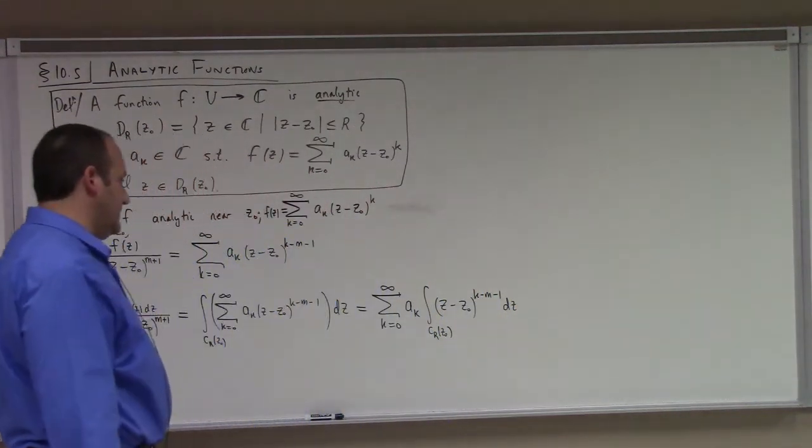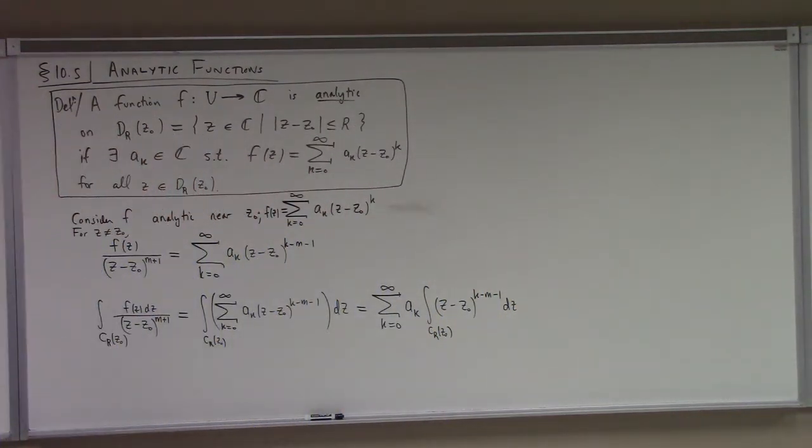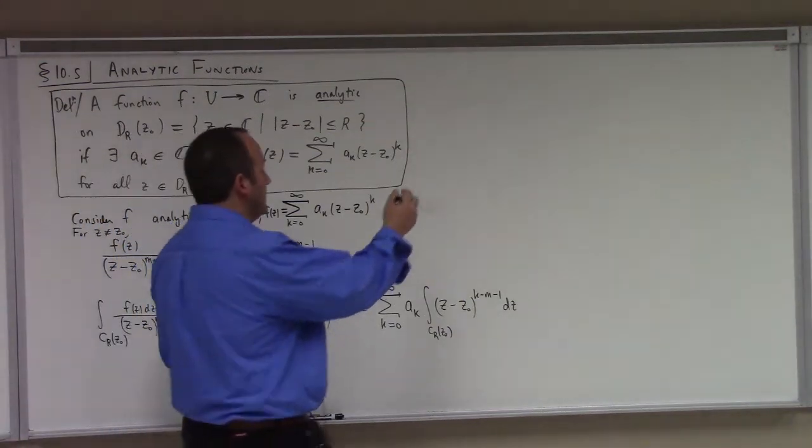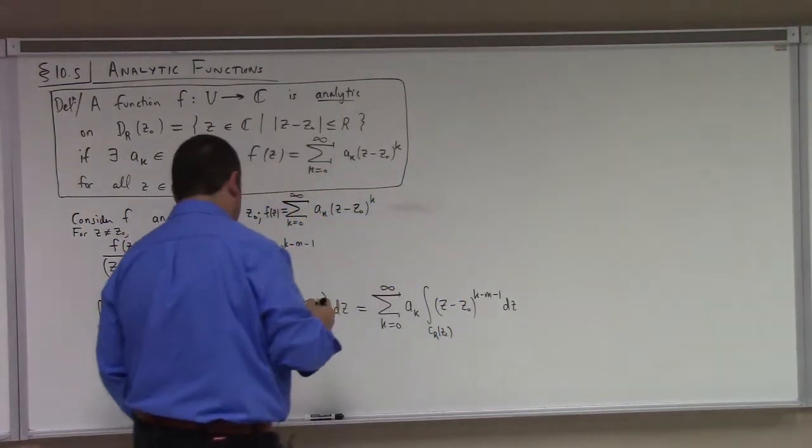But then the thing is, we've worked out that integration, right? We worked out the integral of z minus z naught to a power, or I should have, the first day we talked about complex integration, or the second day at least. I might not have, but I should have. And if we did, what we would have found is what? Let me write it down here.